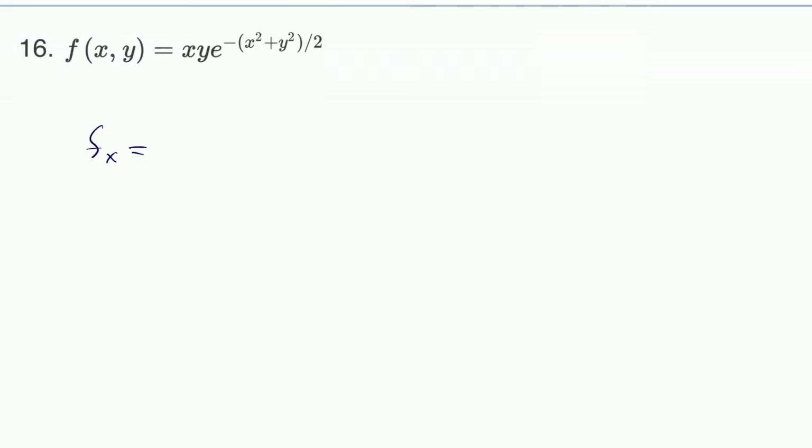So you have y e to the negative x squared plus y squared over 2, minus 2x squared over 2, y e to the negative x squared plus y squared over 2. Okay, so I believe I got that right.